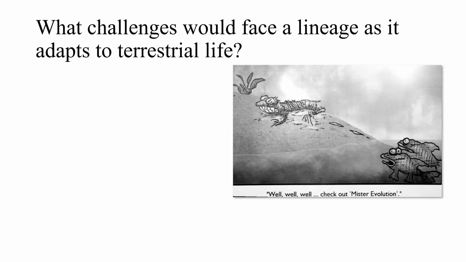Do people agree or disagree with this? Water is a hilariously good insulator. The water temperature might be cold, but it's not going to get colder or hotter very easily. So you're going from an environment that's relatively stable for something as basic as temperature to an environment that has daily swings and seasonal swings in temperature.